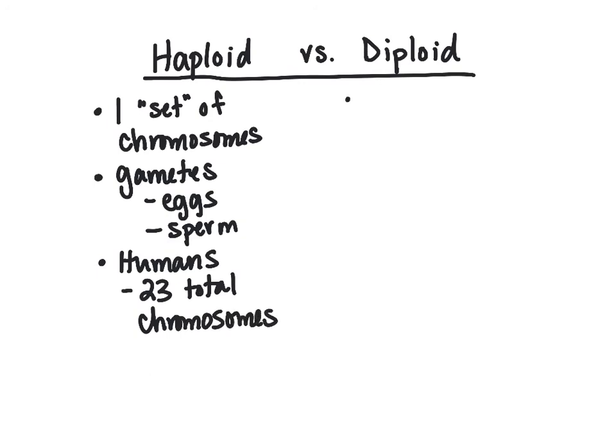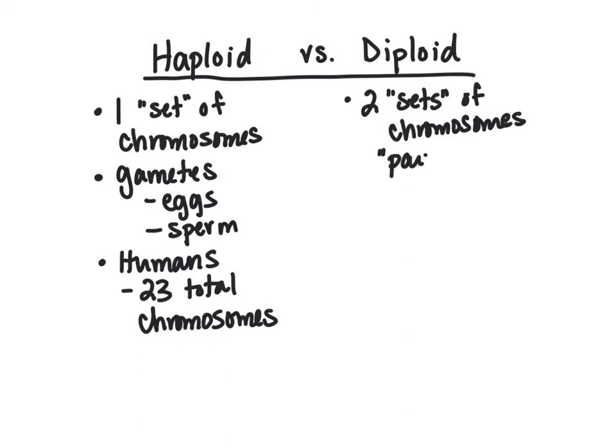Now, diploid means that there are 2 sets of chromosomes. Instead of saying 2 sets of chromosomes, we could say that there are paired chromosomes. The diploid situation is going to be found in basically all of your somatic cells.